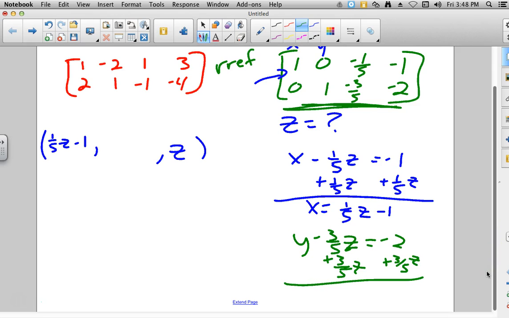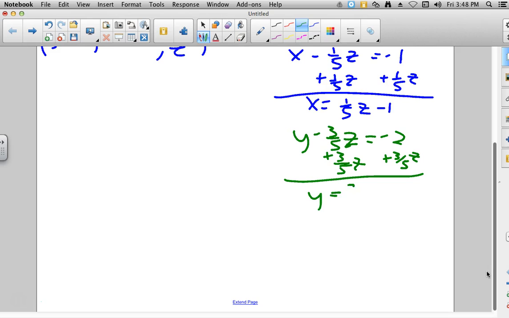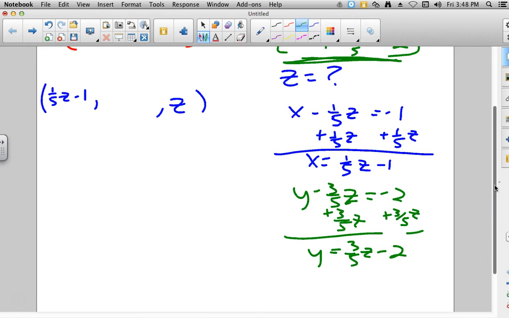So Y will equal 3/5 Z minus 2. All right, and that will go right here. So 3/5 Z minus 2. All right, that has to be it.